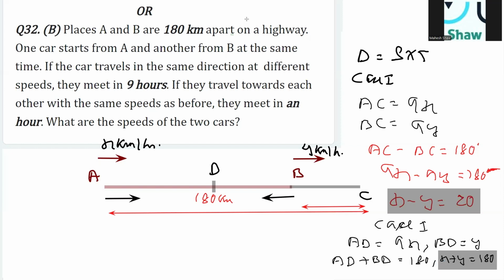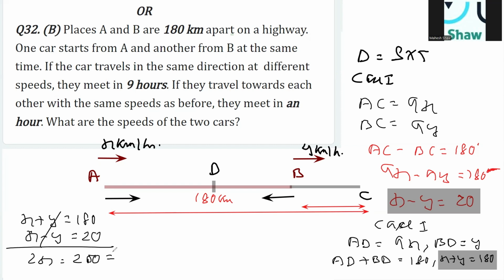Let's simplify this equation. So we have x plus y is equal to 180, and the other, which is x minus y, is equal to 20. If I add these two equations by elimination, we get 2x is equal to 200. It implies that x will be 200 over 2, that is 100.